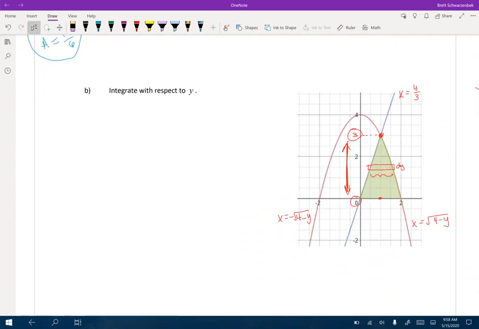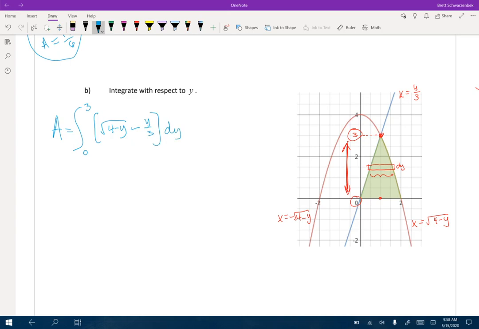So what does that area then look like? Well, the area, we just said, spreads from 0 to 3. We take the rightmost function, which is going to be the positive root 4 minus y, and we subtract, actually I don't need the parentheses because I have the radical, and we subtract the left function, which is y over 3, and we must do it with respect to y.